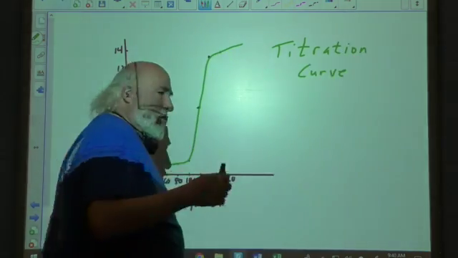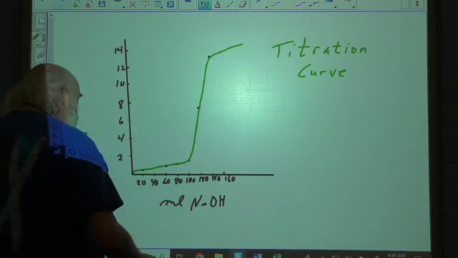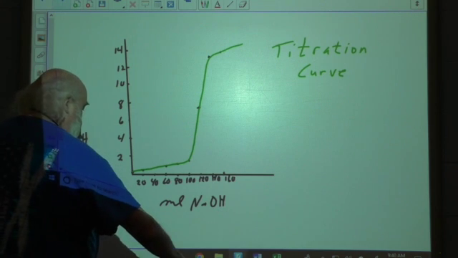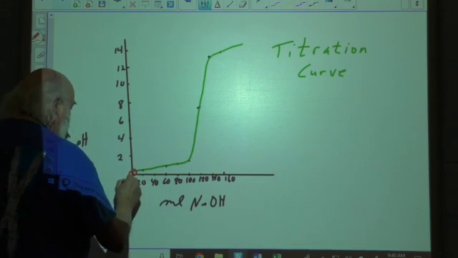Now I'm not going to be asking you to do the titration curves, but I am going to show you the various stages on this and what they mean. So this right here is stage 1.